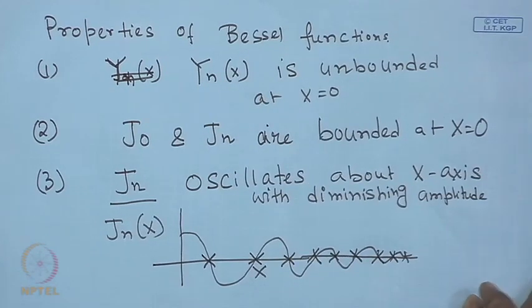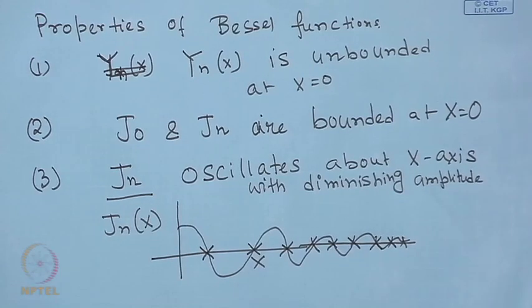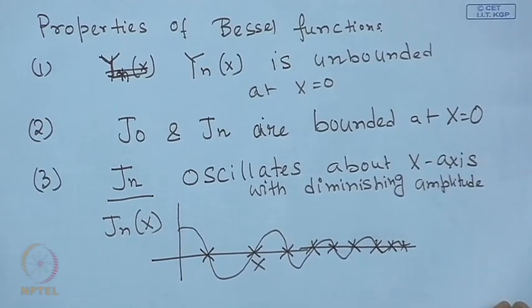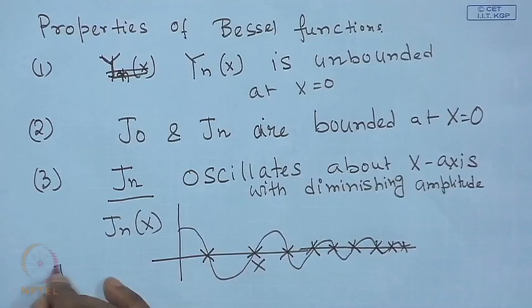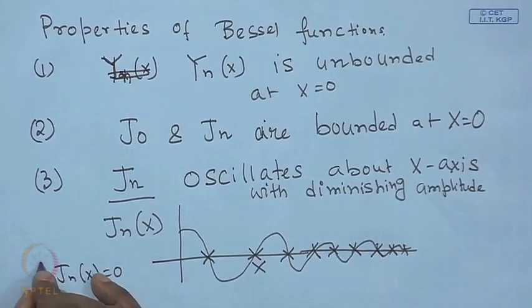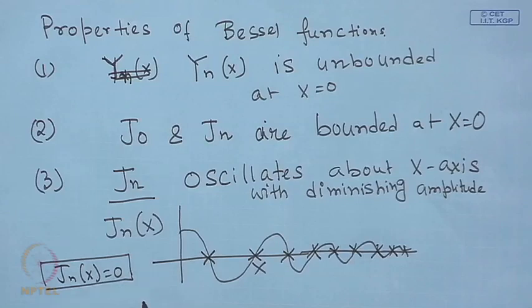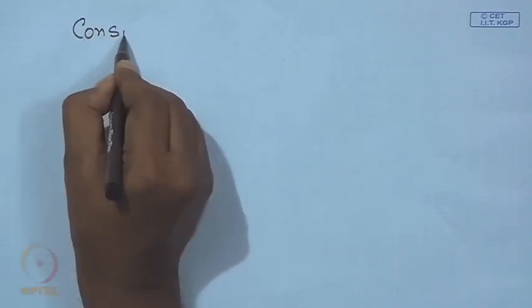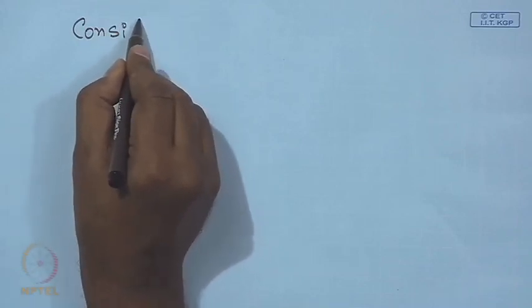So, basically this property of the Bessel function means that there are an infinite number of roots possible for the equation j n x is equal to 0, and all of these roots correspond to the eigenvalues of the problem. We will come to that later on, but let us look into the properties of j n, and now let us consider another variation of Bessel equation.